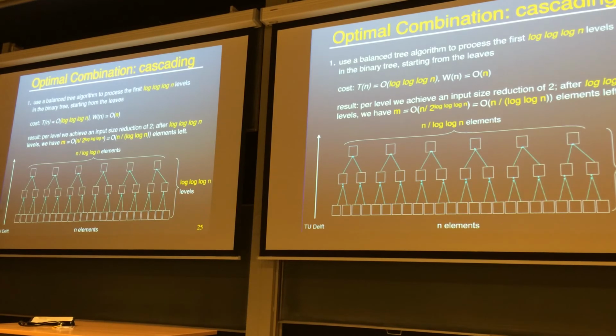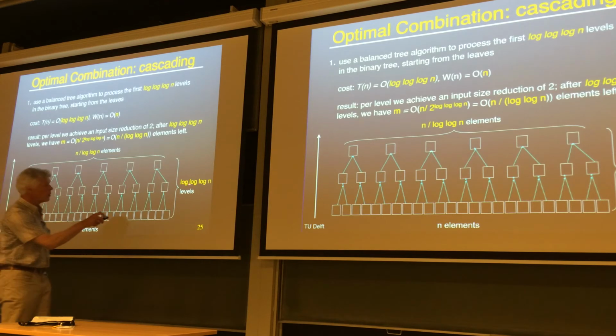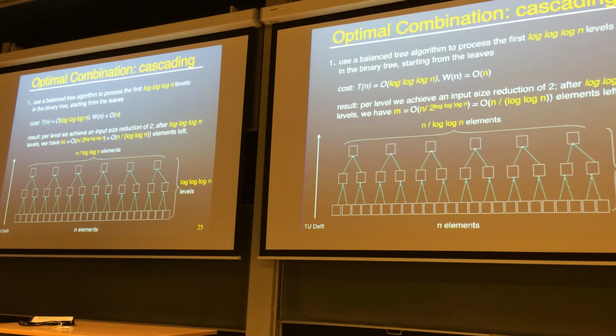So if we do that for log n levels, so here we process this information until we have processed log n levels, we come up with n divided by 2 to the power log n, and that's n divided by log n.